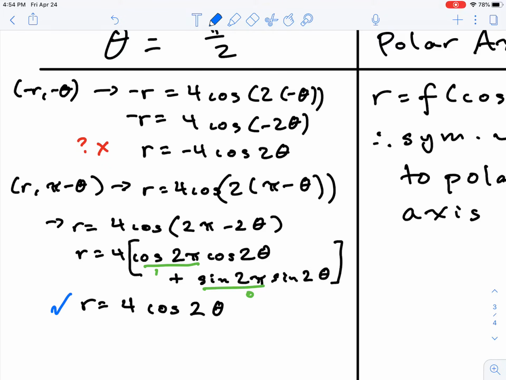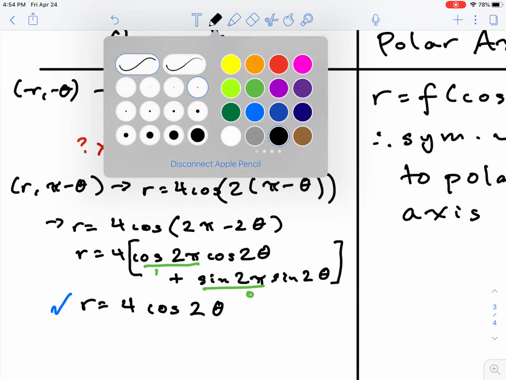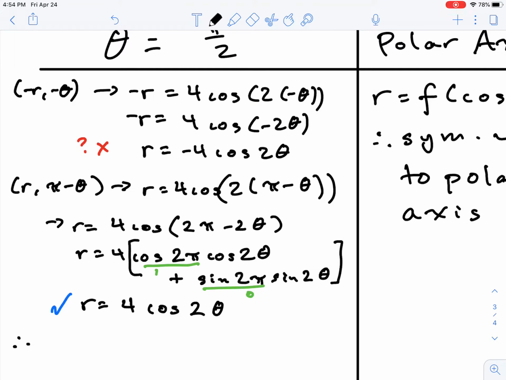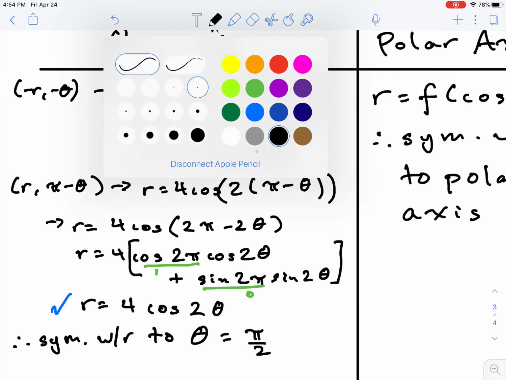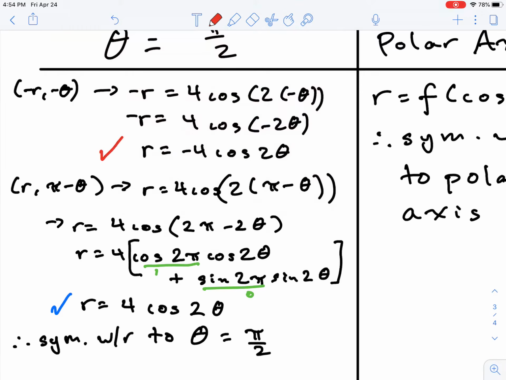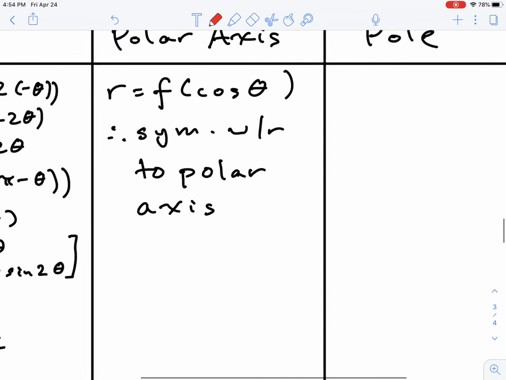Therefore, we know that it is symmetric with respect to theta equals pi over 2. Which meant that the equation up here actually was an equivalent equation. We just didn't know it yet. Again, it doesn't mean it's the same equation. It just means it does result in the same polar graph.